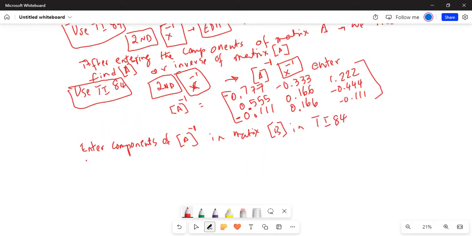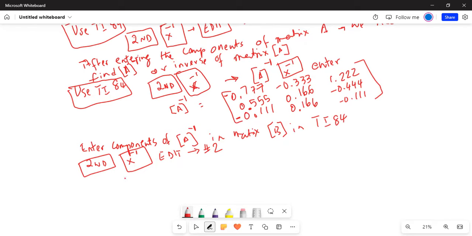How to do that? Press second button, then X minus 1 button, and then edit. Then number 2. So second X minus 1 button, edit, then number 2.